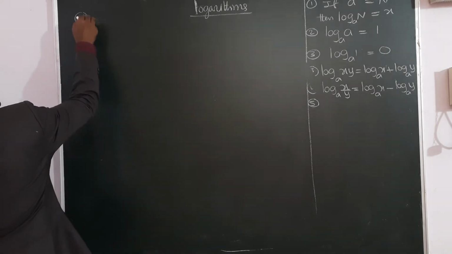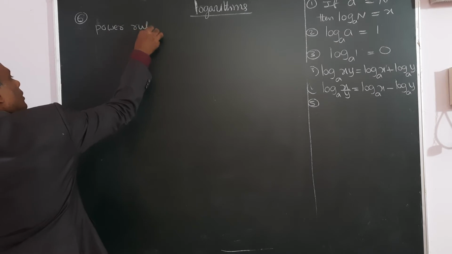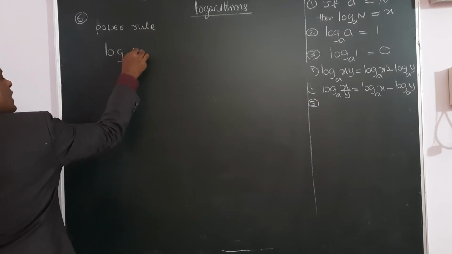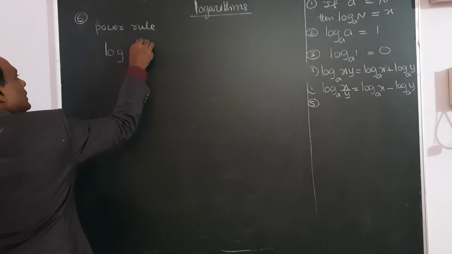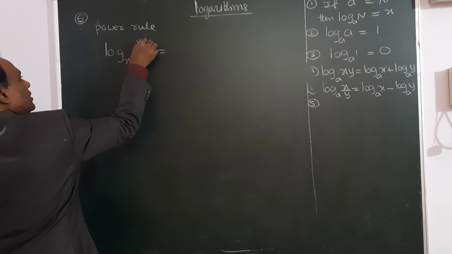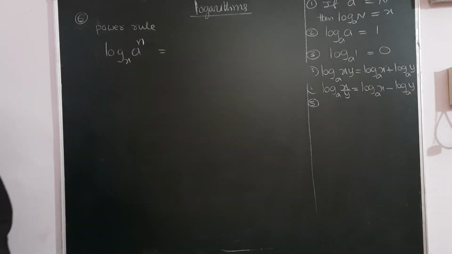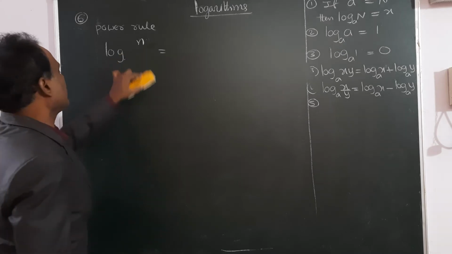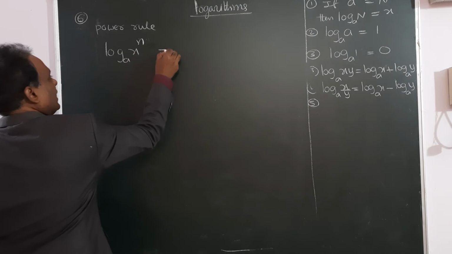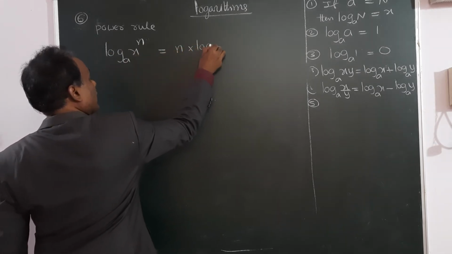Another formula, power rule. Log a power m or a power n. Log a power n to base x, or x power n to base a, anything. So this n will come here: n into log x to base a.